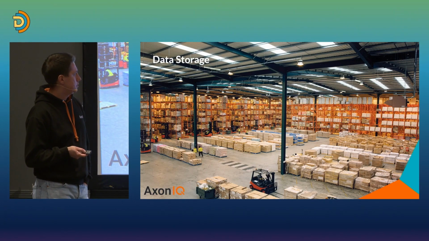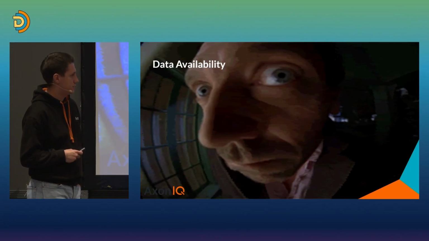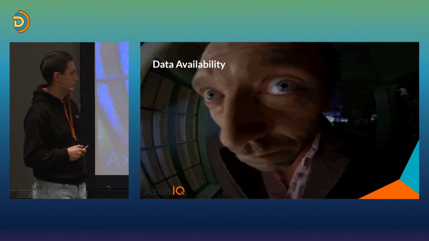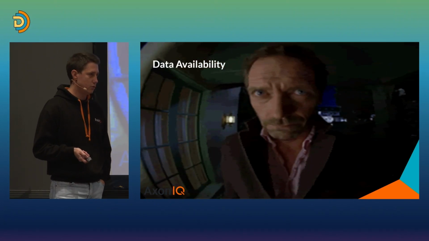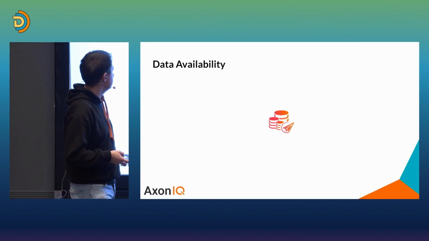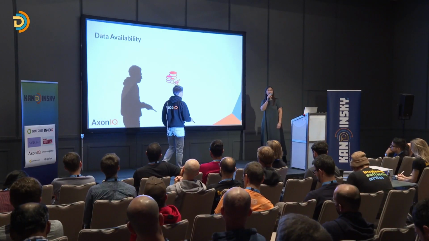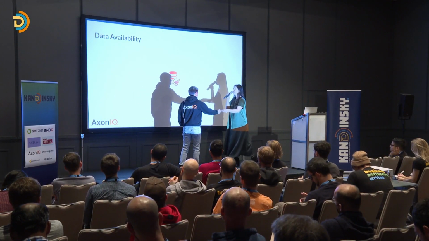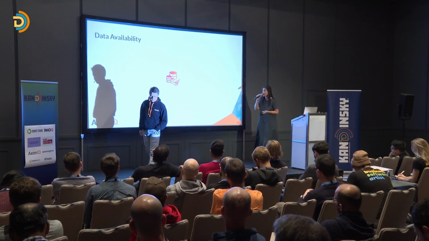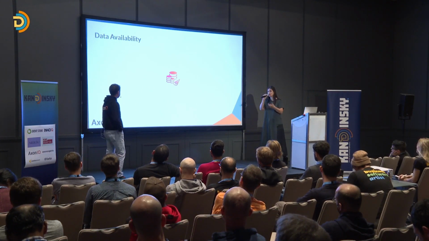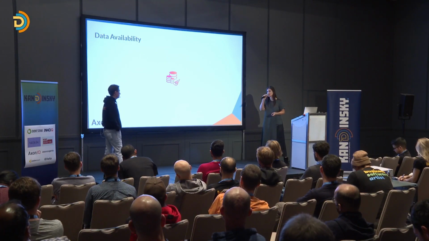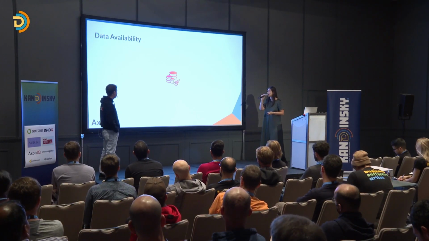The very first issue that we are going to examine here is data availability, right? So today, data is really important, and we want it to be available all the time. So what can we do here? When the data are stored in a single instance, of course, we have a problem. We have a single point of failure. So if this instance is not available, the data are not available either.